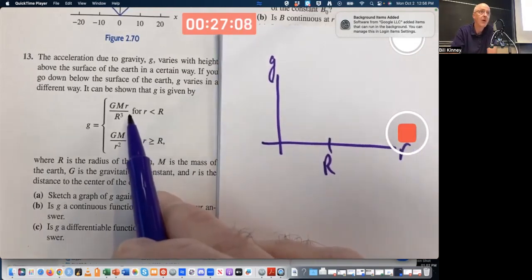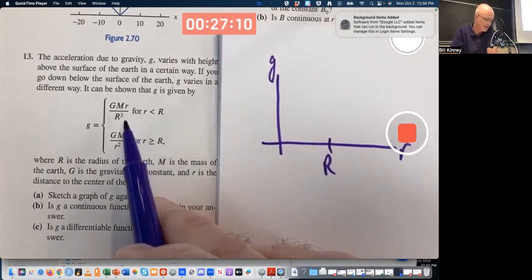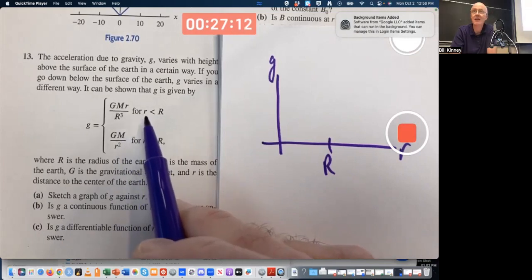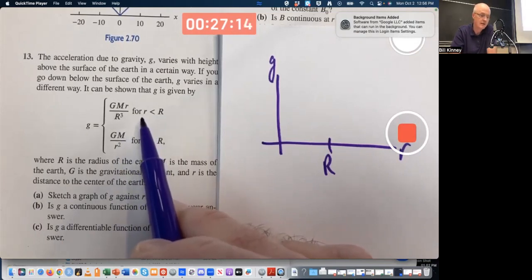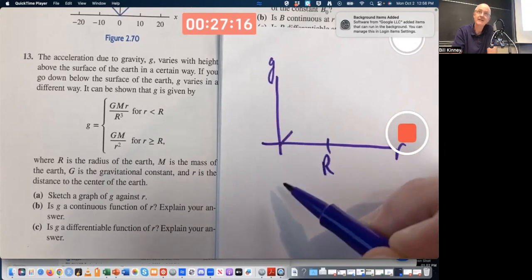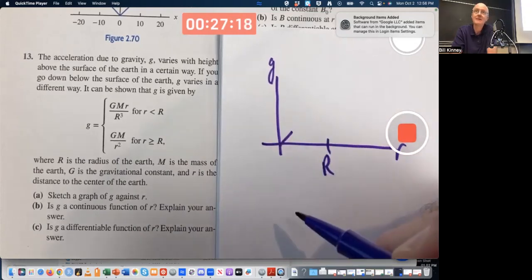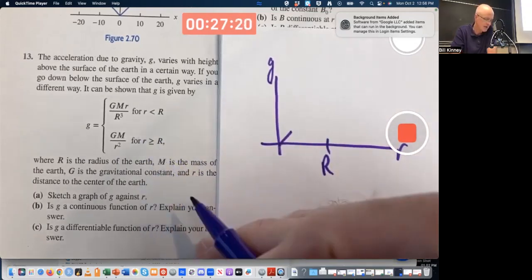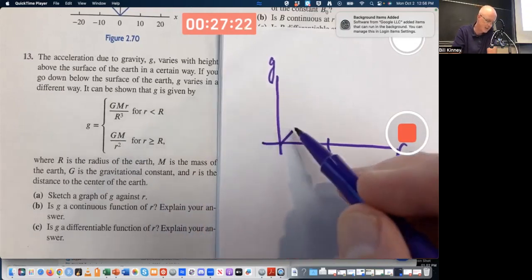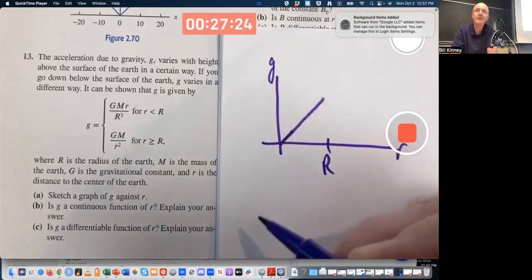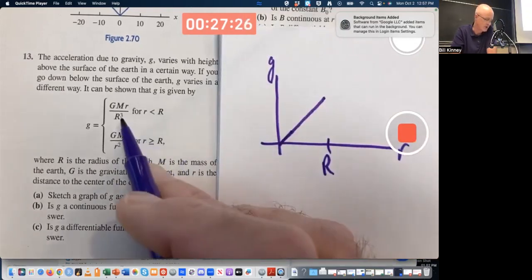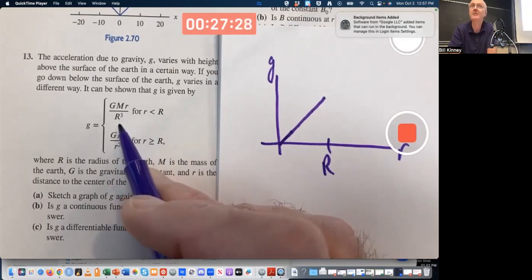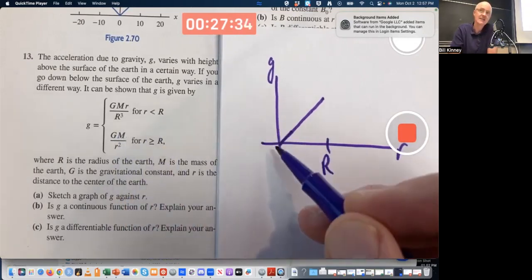Little r is to the first power. And in fact, there's no plus constant here. Its graph goes to the origin. And it's linear. It's got to be straight with a positive slope. Capital G, capital M, and capital R are all positive numbers. It's a straight line with a positive slope. In fact, capital G times capital M over capital R cubed is the slope of that line. Who cares what it equals? It's the slope.